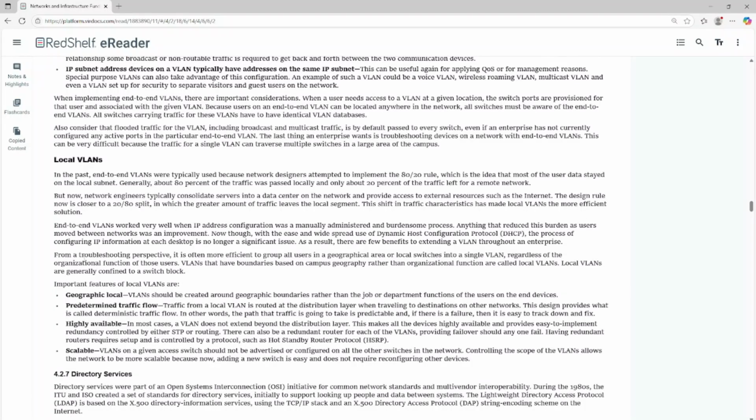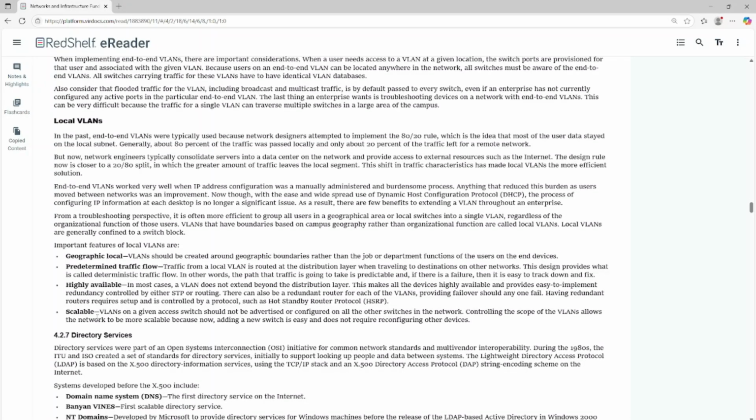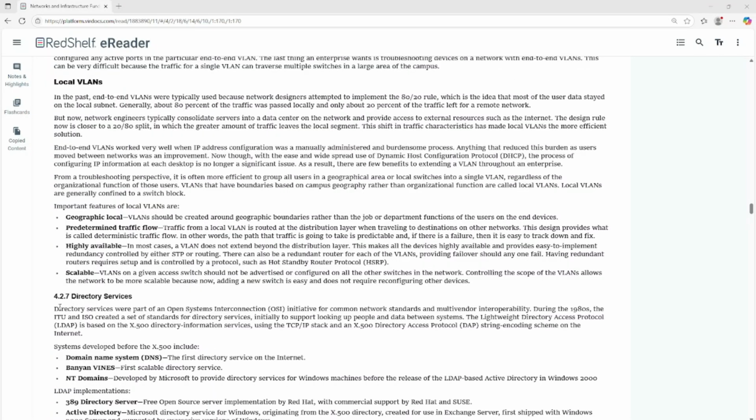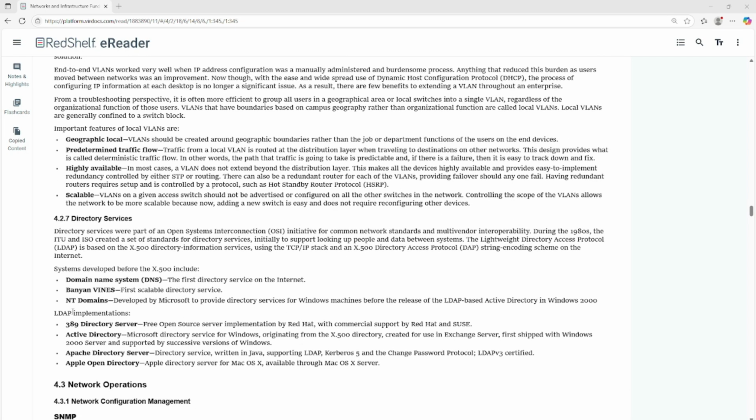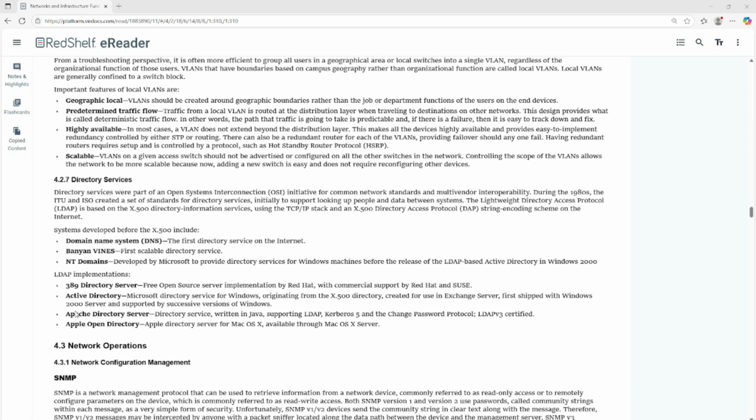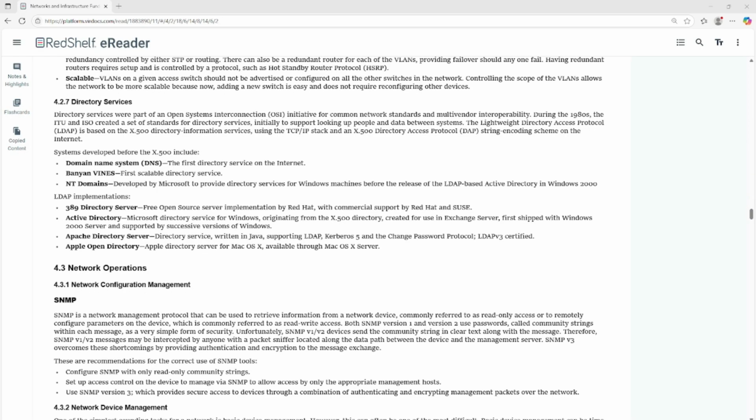Local VLANs. Directory services. You can just read this for a better understanding of this course. Network operations. Network configuration management. From its name, you can just understand that it's for the organization and management of computer networks.